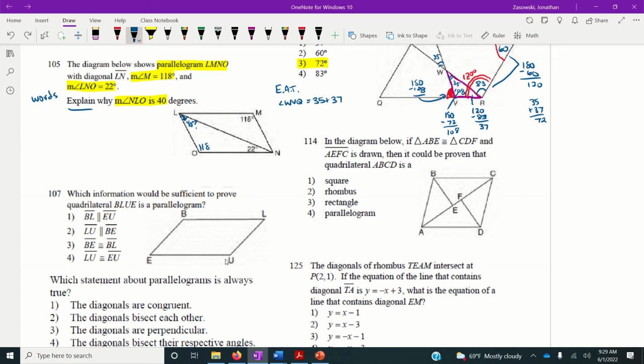So for explaining, we can say that angle NLO is 40 degrees since angle O is equal to 118 because the opposite angles in a parallelogram are congruent.